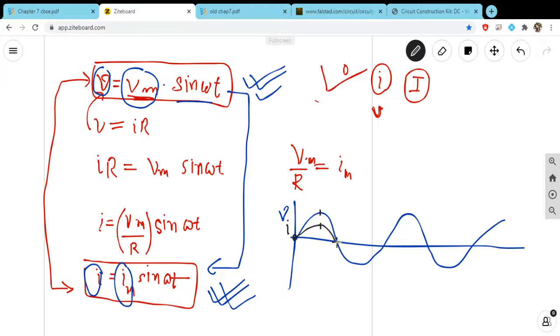Voltage becomes zero, then current becomes zero. When voltage changes polarity, current also changes polarity until it becomes maximum. Here they are both maximum. Now the voltage becomes zero, and so is current. Again voltage changes polarity. So the graph for the voltage and current will be the same.